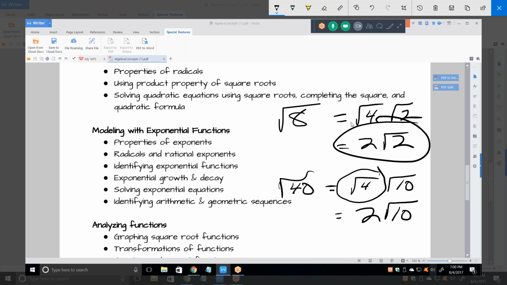Now, the only question is, is that the final answer, or do I want to make it this? Which one is simpler? The first one. That's the answer. In other words, you don't factor it just because you can. You only factor it if you can pull a whole number out.